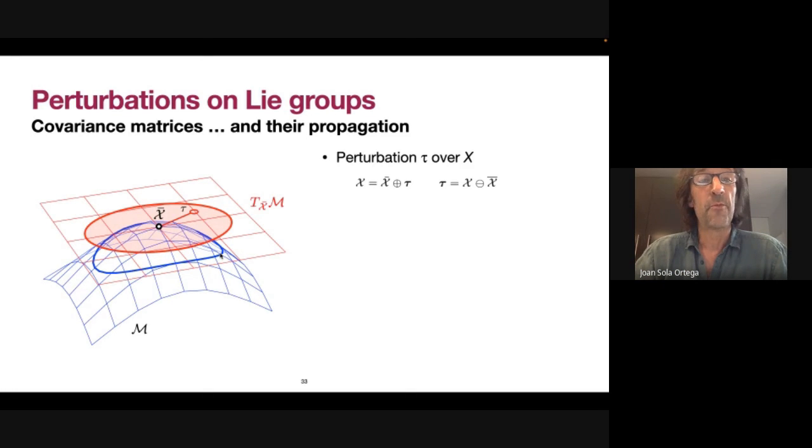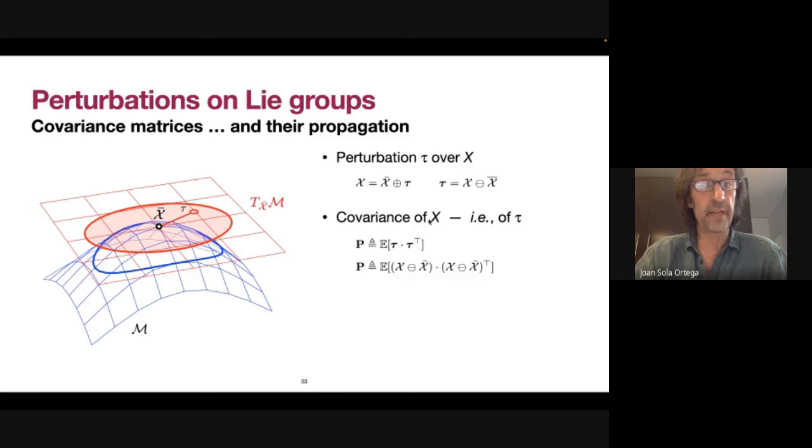But we will express the perturbations not in the blue space, but in the red space, which is the tangent. So we will perturb X bar with vectors tau, obtaining new points, X equals X bar plus tau. Or if we have two points, X and X bar, we can find the difference with minus. And this is a vector tau in the tangent space.